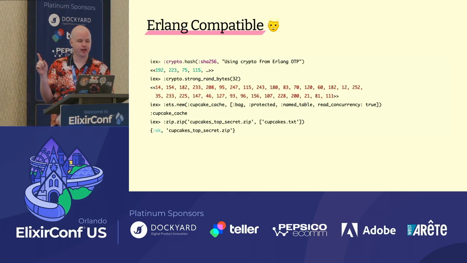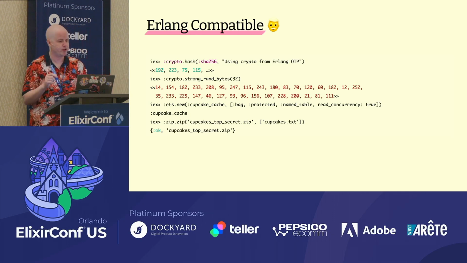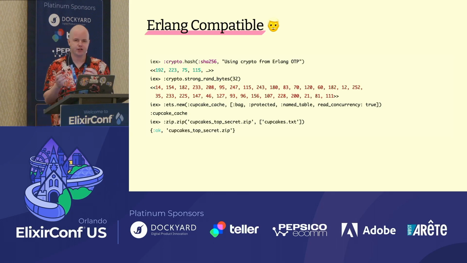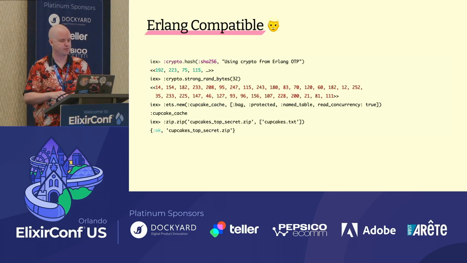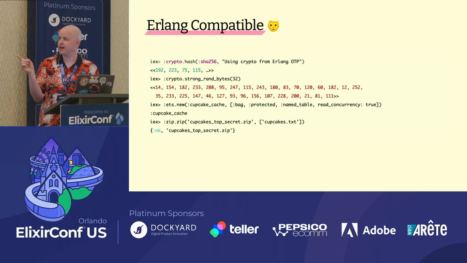Aside from zip, we've got a crypto module, so you'll see some libraries will use the hash function for hashing data. I use strong random bytes quite a bit to generate random data, especially within the WebAuthn components. So that's how I generate tokens and secrets that are passed between the browser and the client, or the browser and the server. And also, I'm a fan of ETS, so Erlang Term Storage.